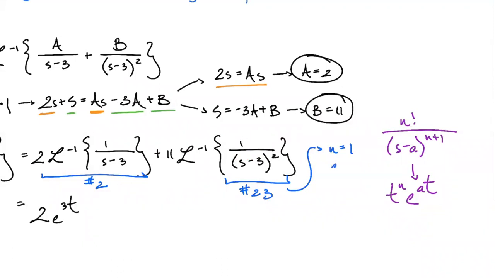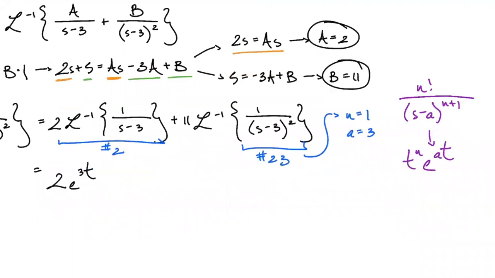I might even want to write out my a is 3, right? And then I can put both of those into the left-hand side of that particular row. So we'll get t to the first power times e to the 3t.